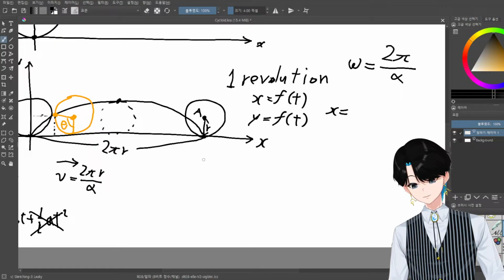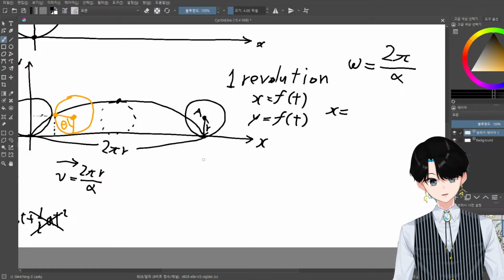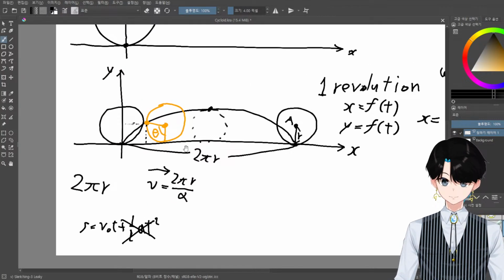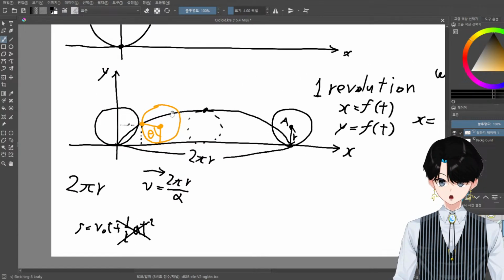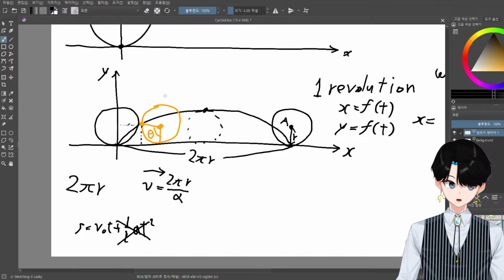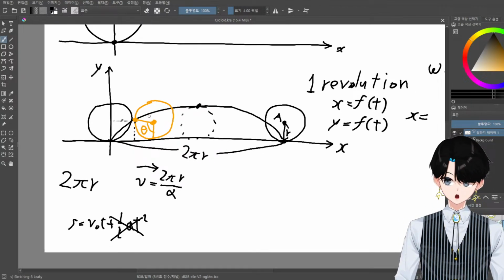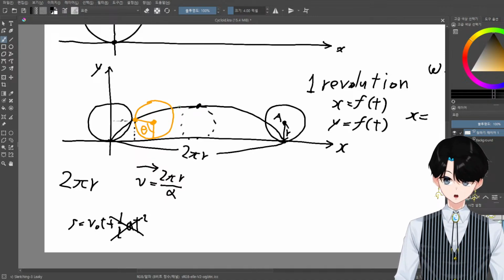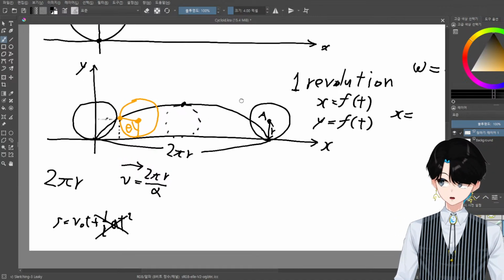And t will be the time that it takes, the time between these areas. For example, t equals 1, t equals 2, then this will be the moment where the circle resides along the cycloid.